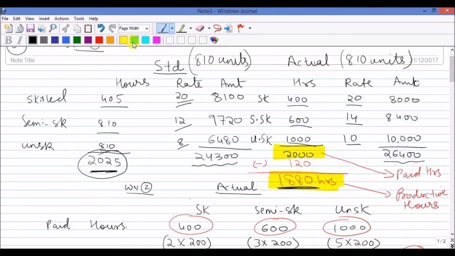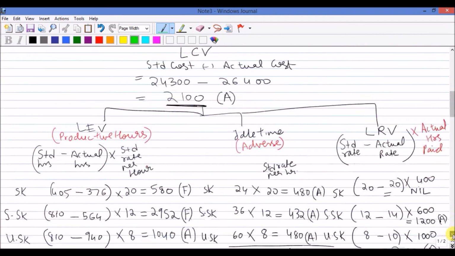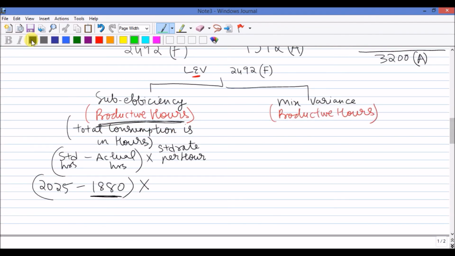The standard rate per hour is 24,300 divided by 2025 hours. Simple. So 2025 minus 1880 gives me 145, into 24,300 divided by 2025, which gives me 12.